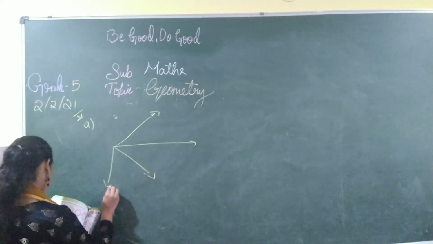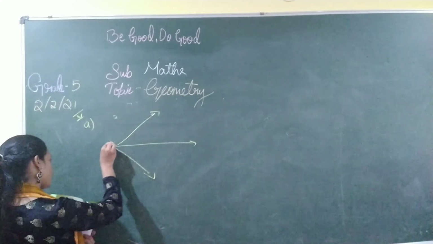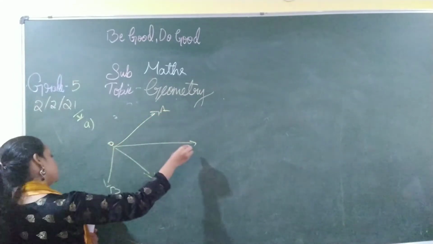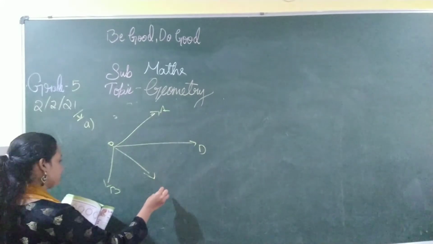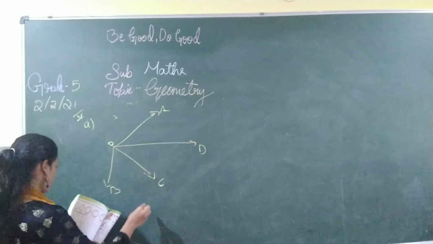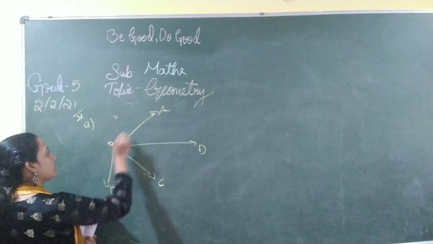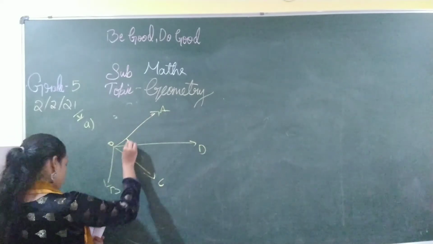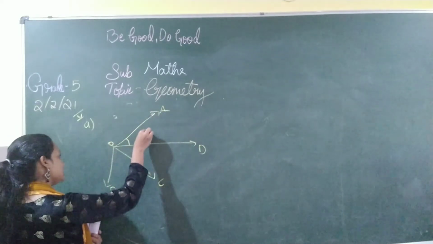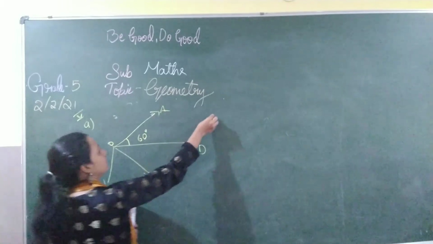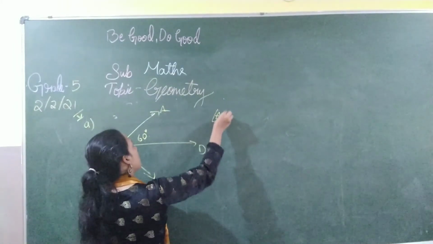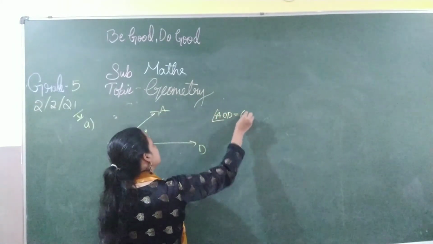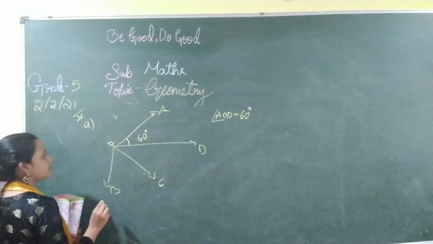So you can see this angle B, this is O, A, B, C. And they have given angle AOD. How much is this? 60 degree. So angle AOD is 60 degree.